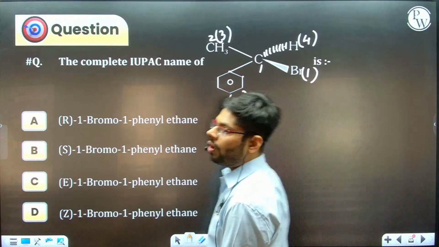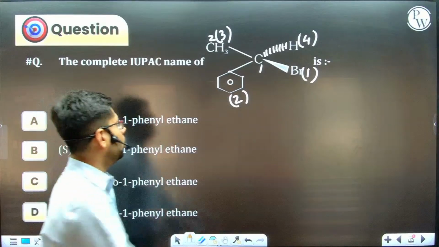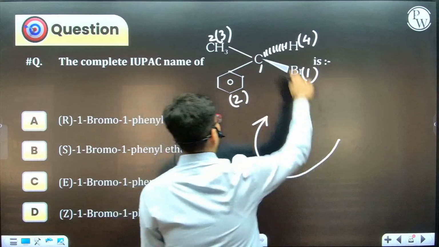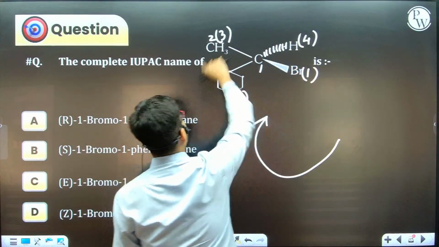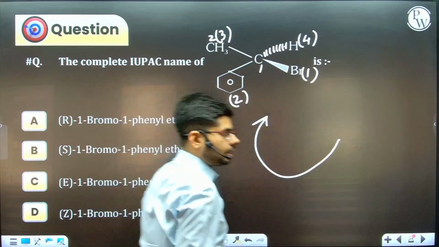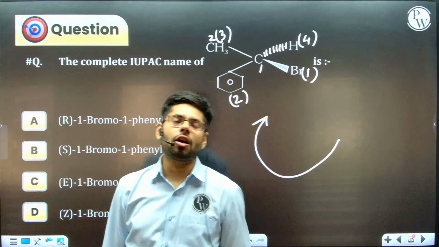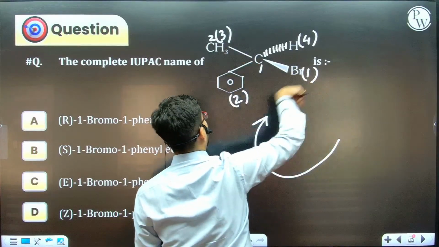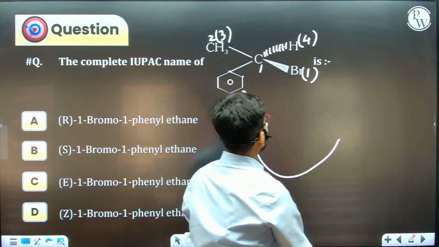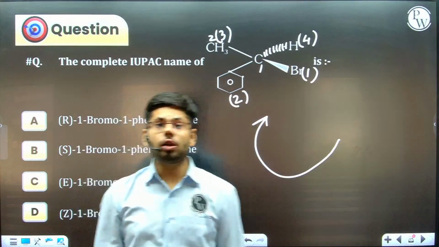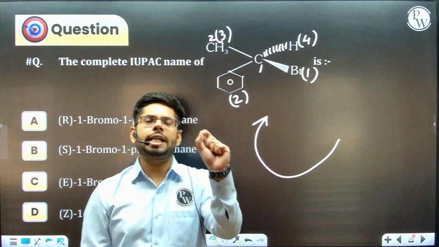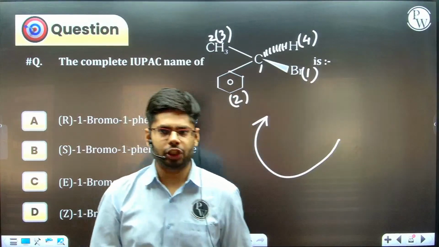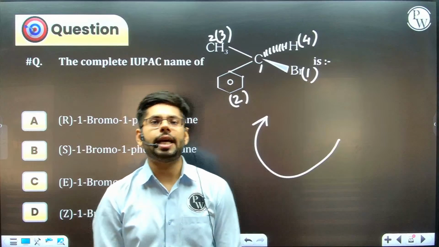Now, cover the fourth one and travel from 1 to 3 via 2. So 1, 2, 3. This is how we do it. We cover the fourth one, we travel from 1, 2, 3 via 2, and then we check whether the movement is clockwise or anti-clockwise. This is a clockwise movement. And after that, we see where the fourth priority is. If the fourth priority is on a dash, then clockwise movement indicates R configuration and anti-clockwise movement indicates S configuration.